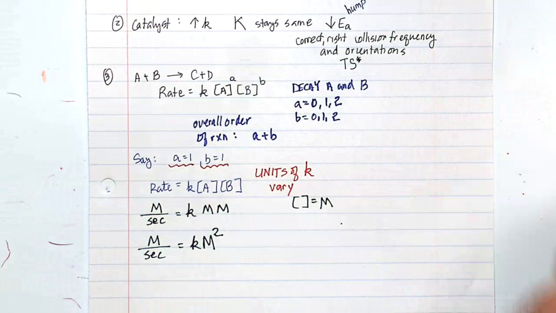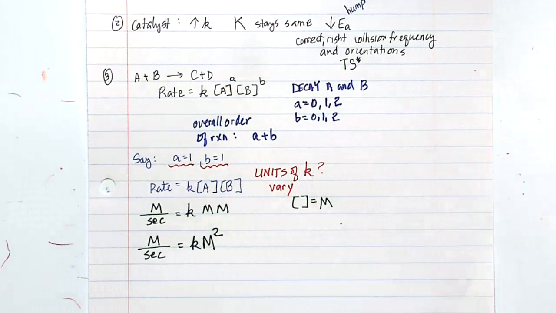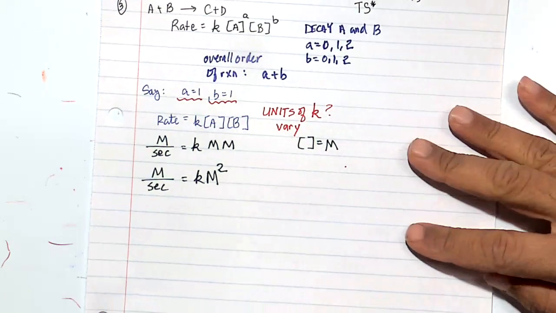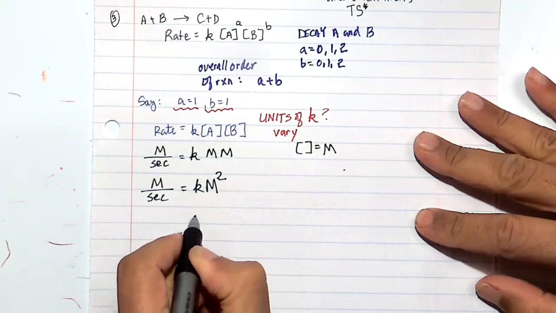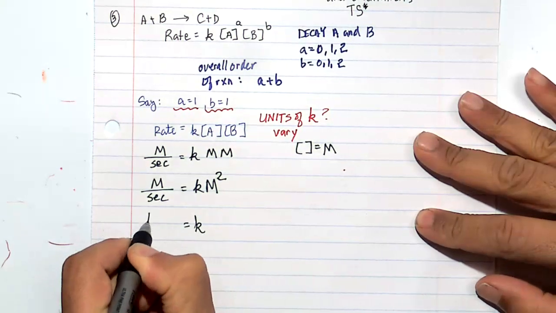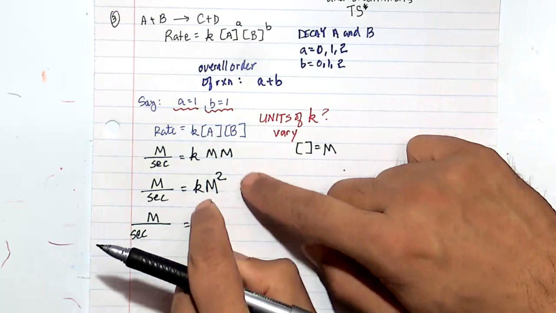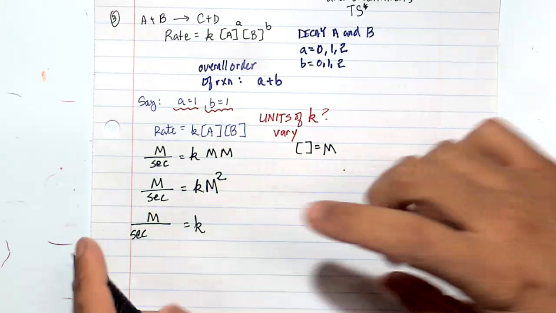We're talking about units of K. That's what we're trying to solve for here. So we will isolate K in terms of units, and we will get M over seconds, and then I'll move the M squared to the other side.